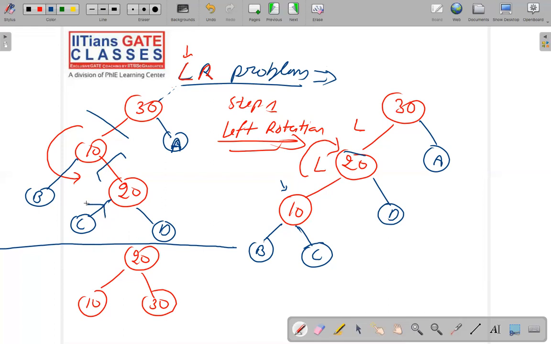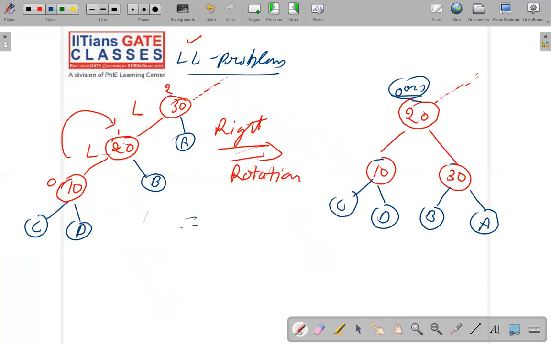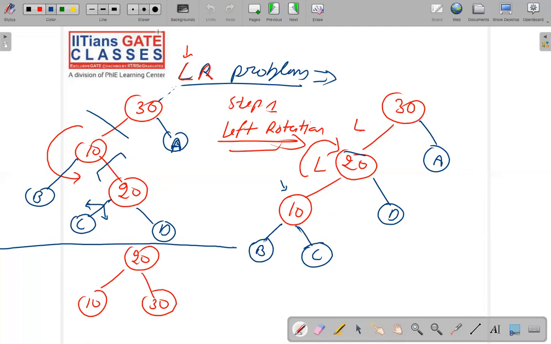That is why C has to become the right child of 20. So these A, B, C, D are basically subtrees. Once we do this rotation, we will follow the same concept again. So this is a right rotation.